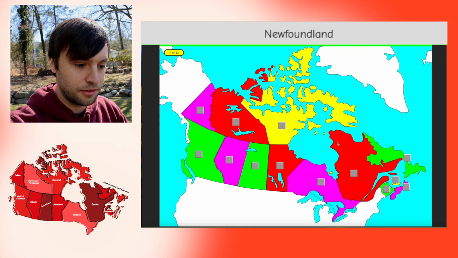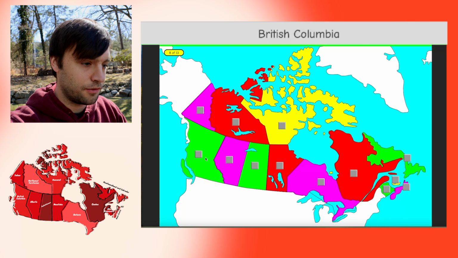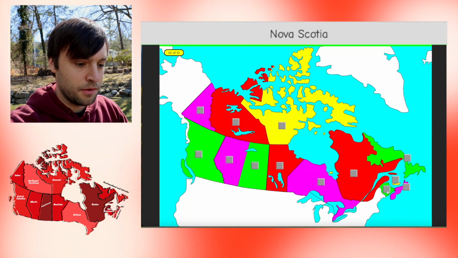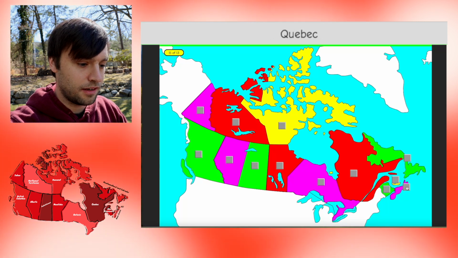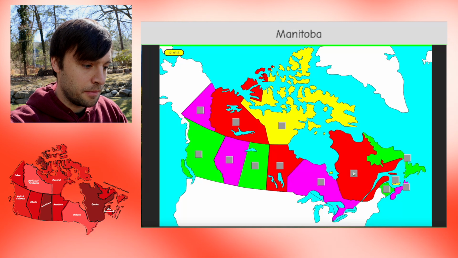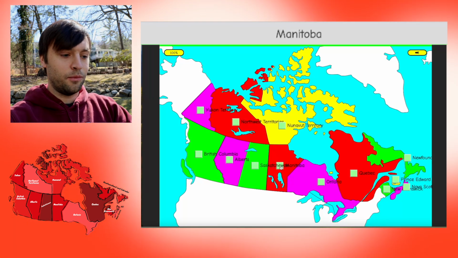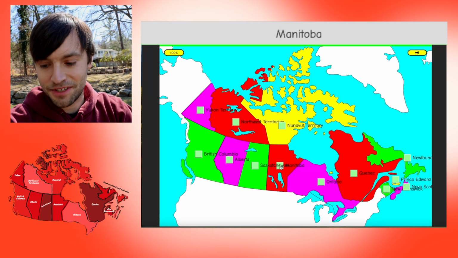We have Newfoundland up here. We have British Columbia on the far left. We have New Brunswick down here. We have Nova Scotia next to New Brunswick. Quebec right here. Manitoba is right here with the lakes in it. And once again, we scored 100%.